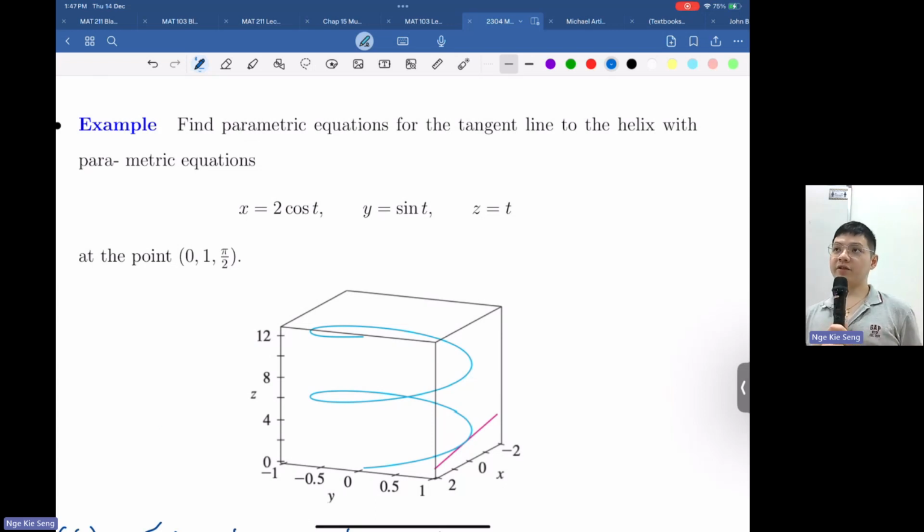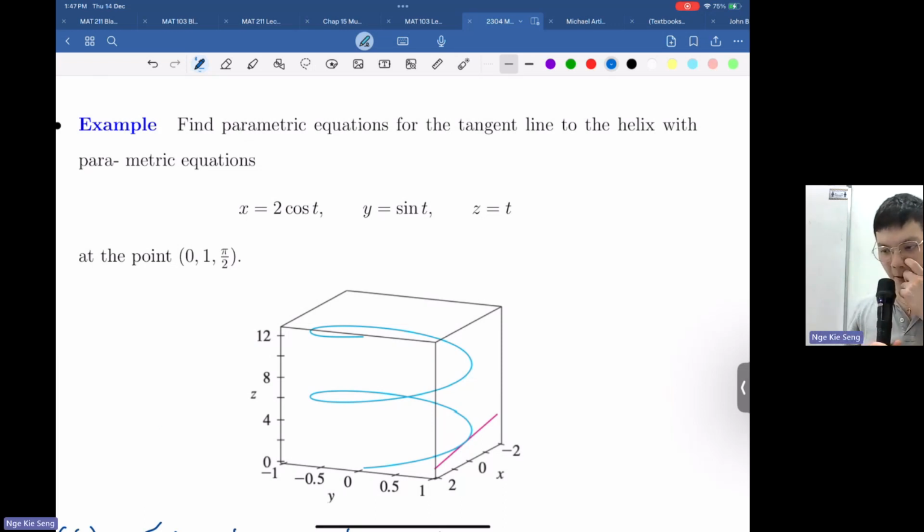You differentiate the vector valued function, and then you evaluate at the point 0, 1, pi over 2, and then you get a vector. What does that vector mean? It's the direction of the tangent line.